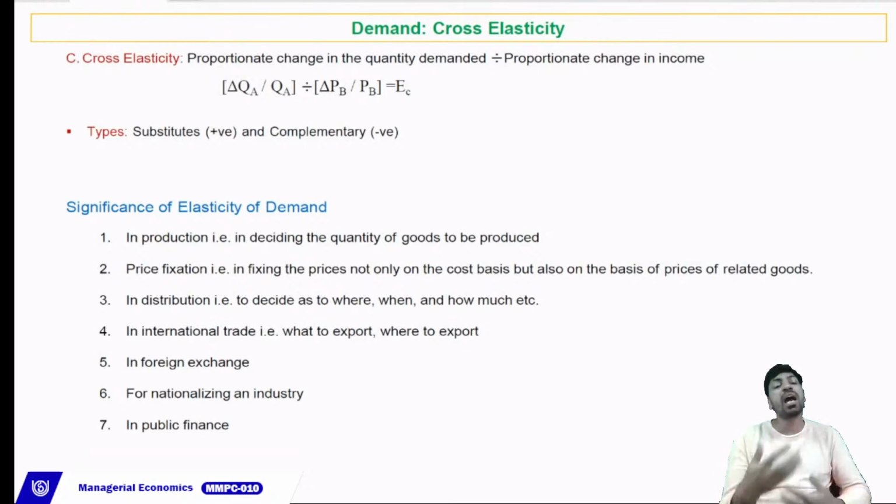In foreign exchange, which currencies are needed in which country. For nationalizing an industry, and how the national income will increase for certain industries. In public finance also, how credit facilities are to be provided to companies. From these perspectives, the concept of elasticity of demand is used.